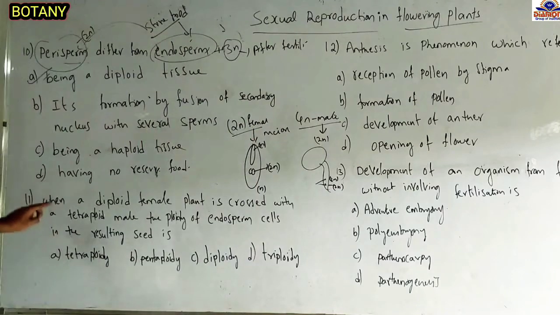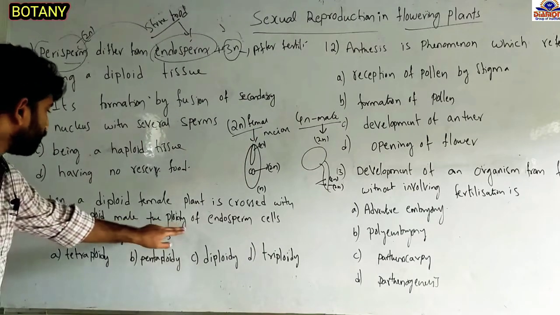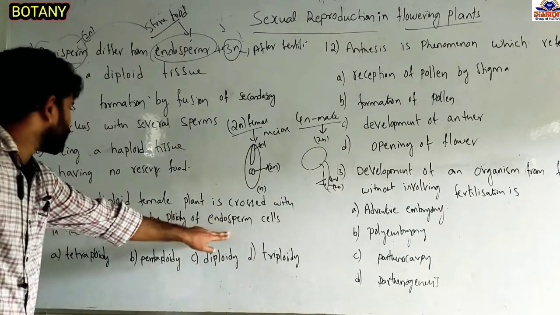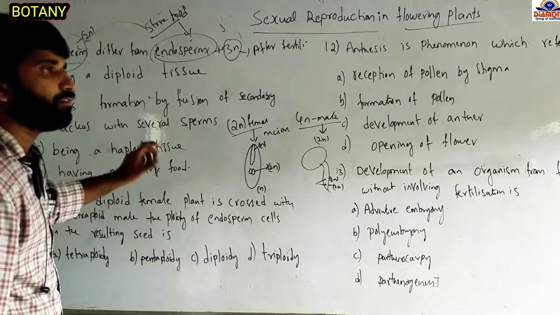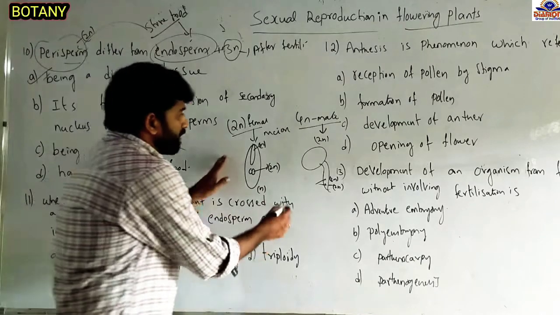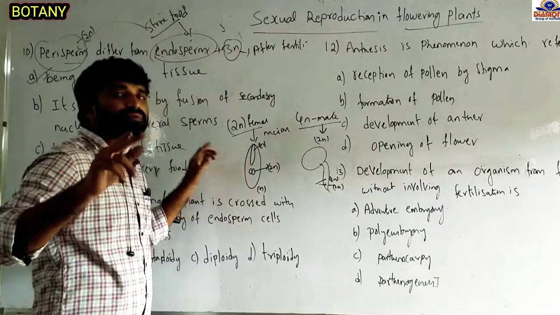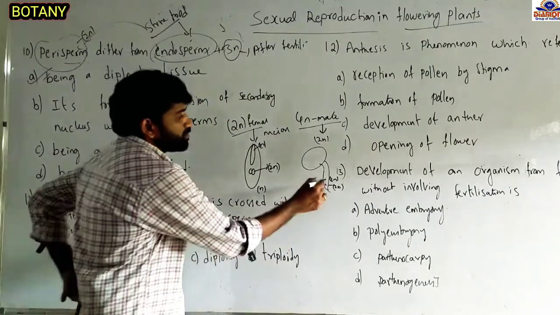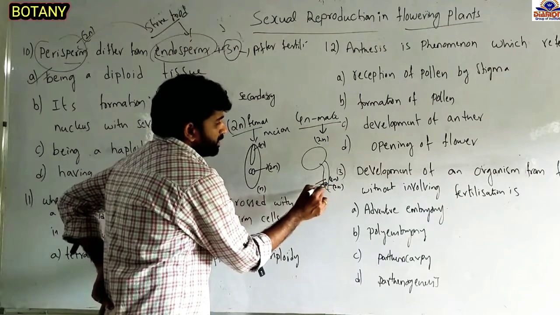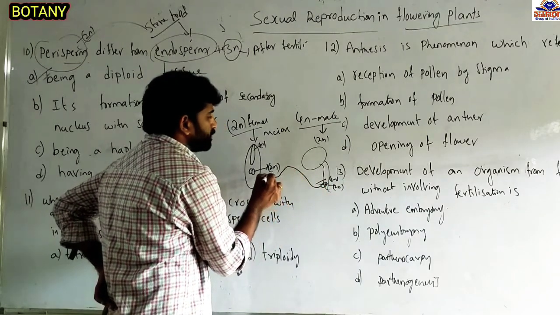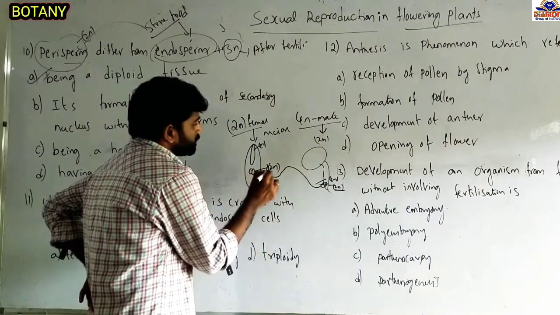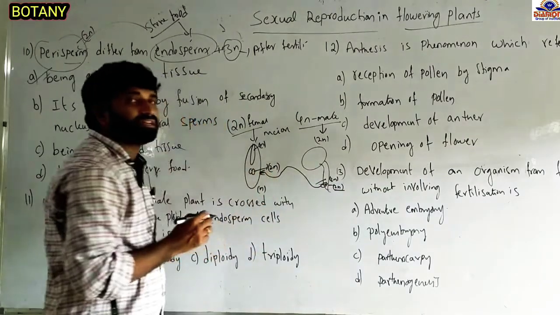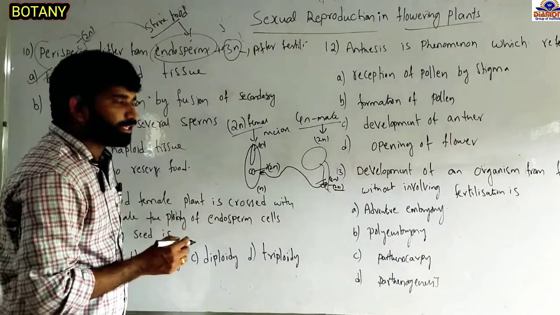So now, with a tetraploid male, what is the ploidy of the endosperm cell in the resulting seed? Endosperm is formed by the process of double fertilization. The second male gamete, or second male nucleus, which is diploid, fuses with the diploid central cell of polar nuclei.